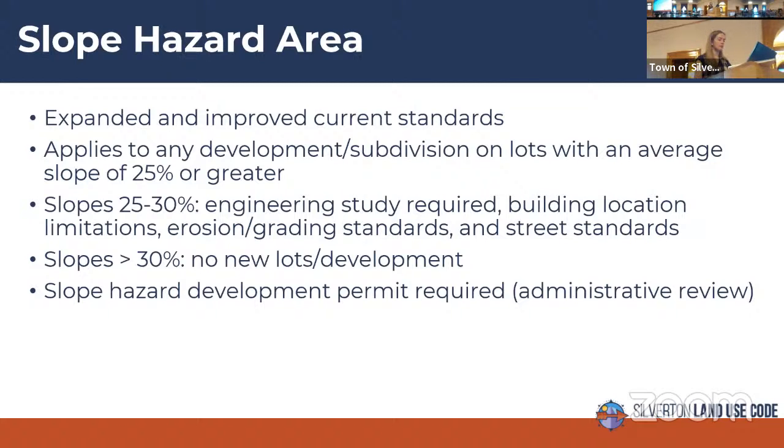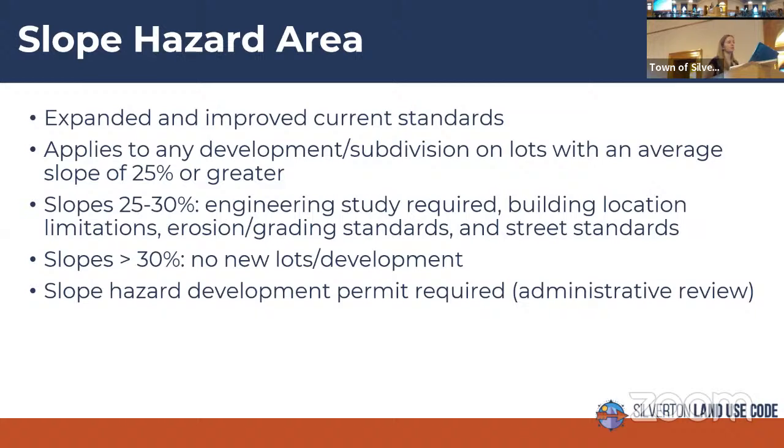Next is slope hazard areas. So the current regulations that the town has for slope hazards are pretty minimal and not the most clear. So they've been expanded and improved in this draft. It clarifies that it applies to any development or subdivision on lots with an average slope of 25% or greater.